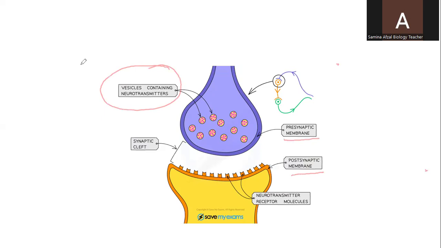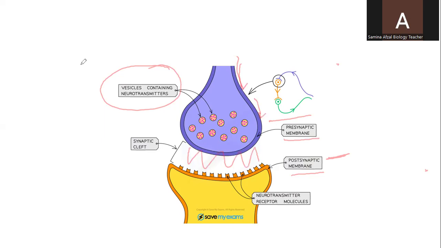It means the sensory neuron, the message will move in this direction, the axon of the sensory neuron, and this gap is called synaptic cleft, and postsynaptic membrane, which will receive the messages in the form of neurotransmitters from the axon of the sensory neuron, and the message is sent towards the motor neuron.